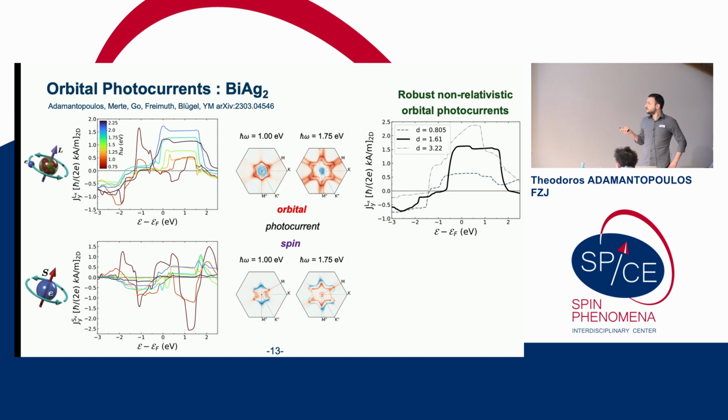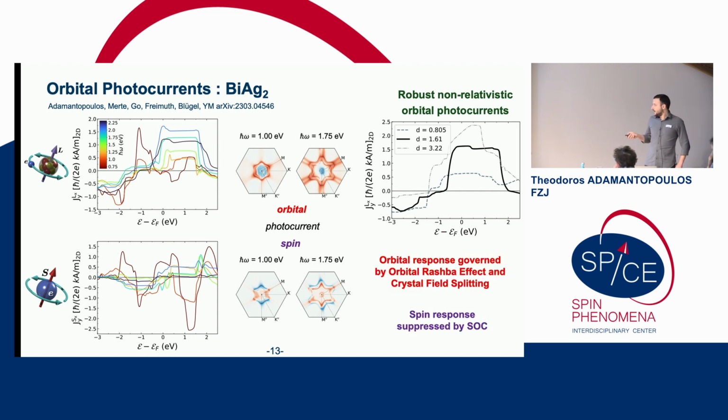And here you can see that the orbital response preserves its sign, whereas the spin response consists of areas with opposite sign, which when integrated lead to this suppression. Overall, we see that the orbital response is governed by the orbital Rashba effect and the crystal splitting, whereas the spin response becomes suppressed by the spin-orbit coupling.